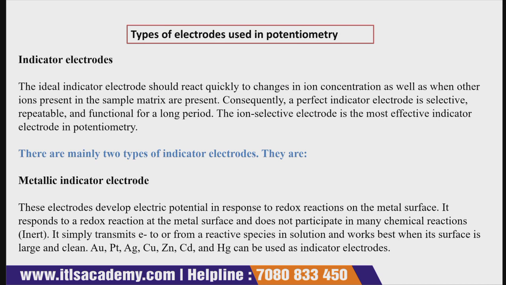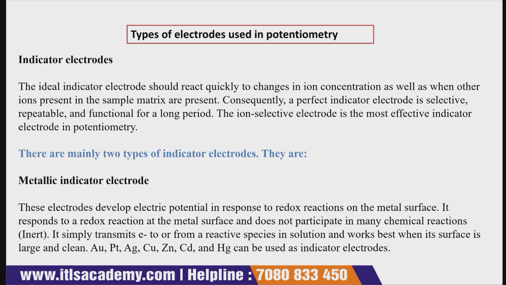Metallic indicators develop an electric potential in response to the redox reaction on the metal surface, and they simply transmit electrons to or from the reactive species present in the solution.